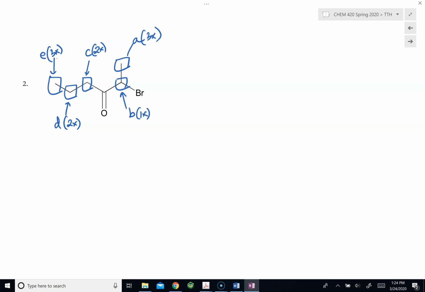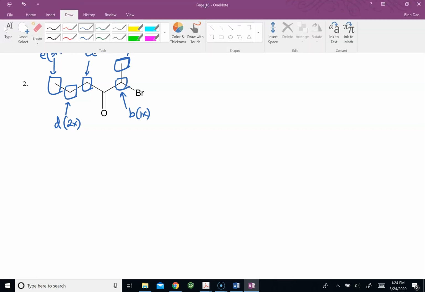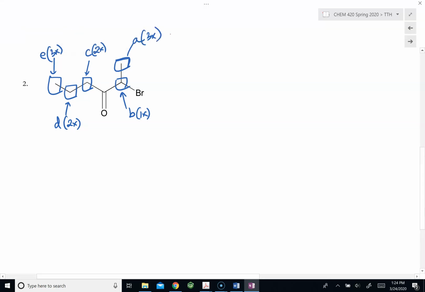And now, let's go over the multiplicity and the chemical shift of these signals. First, what would signal A look like? Signal A would be a doublet, because it has only one neighboring hydrogen connected to it. So therefore, it will be a doublet with an overall intensity equal to 3.